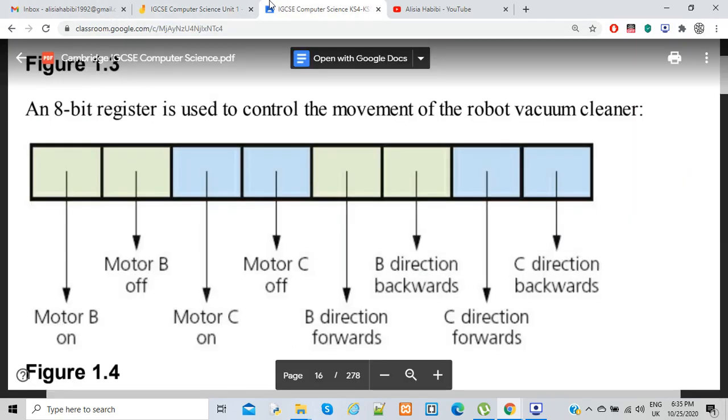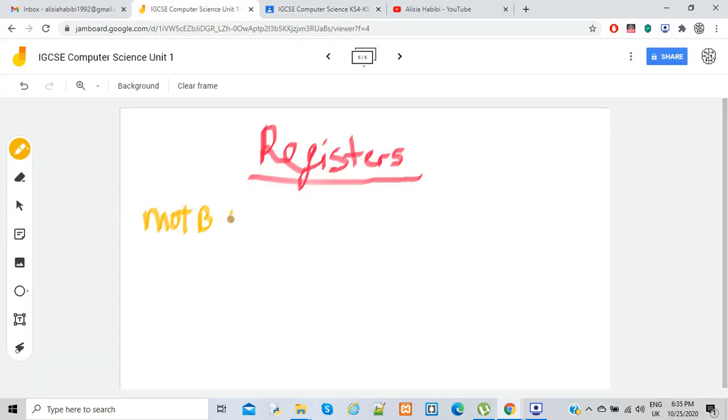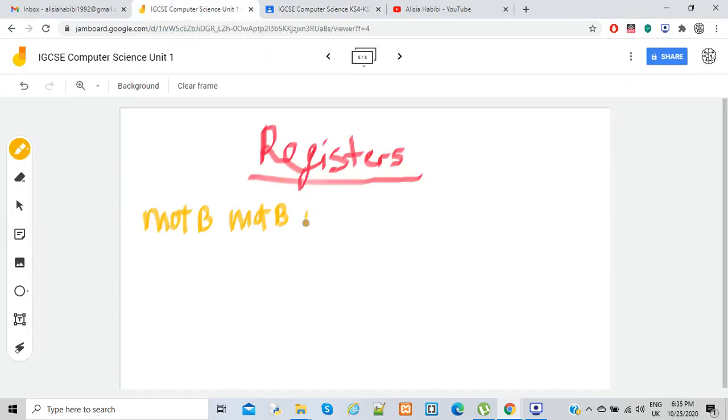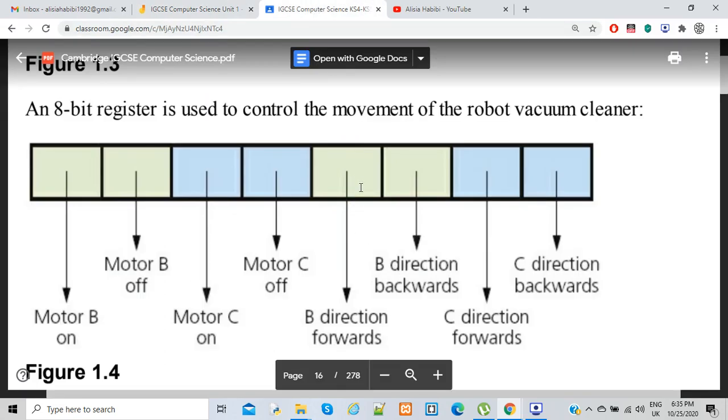And next we have motor B again. I'm writing this out, guys. And then we have motor C, and then we have motor C again. And then we have B direction forward and B direction backward.